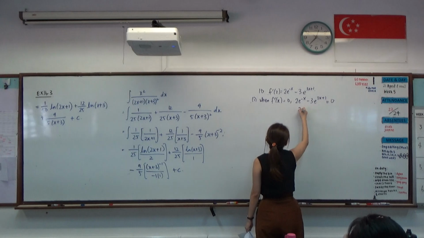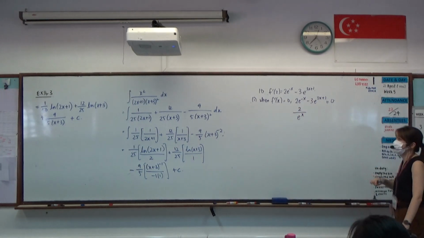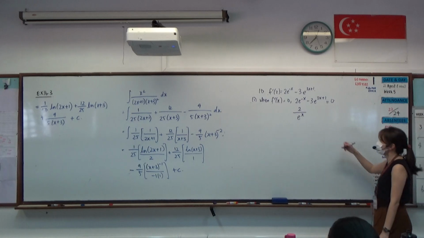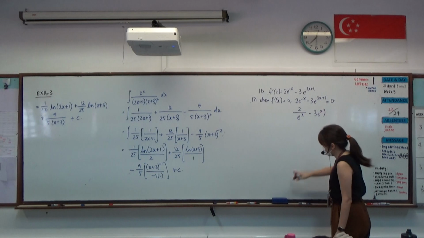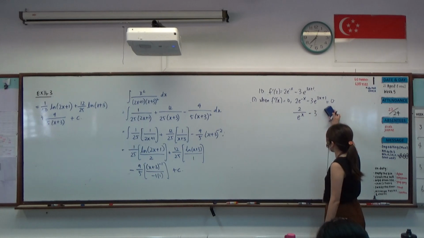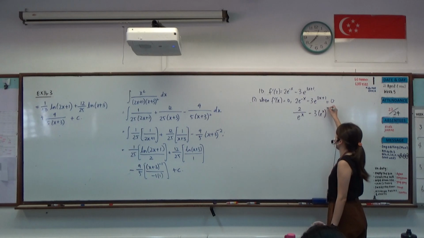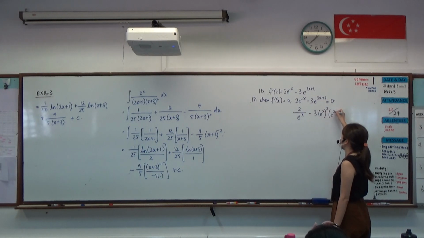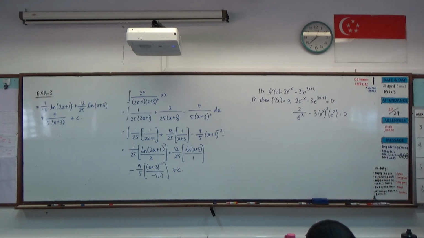Okay, if you recall, e to the power negative x is e to the power x in the denominator. While this, okay, I can re-express it using my indices to write it as e to the power x to the power 3 times e to the power x equals to 0. See that? Okay.